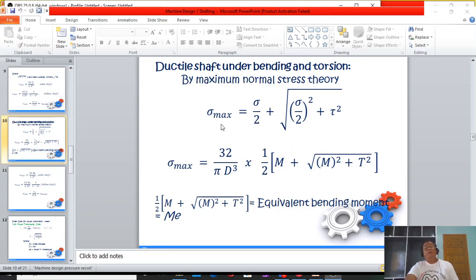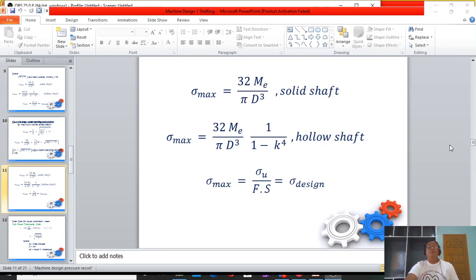This factor, class, is the so-called equivalent bending moment, designated as ME. If you substitute that expression, the stress is now equal to 32 ME over pi d cubed.